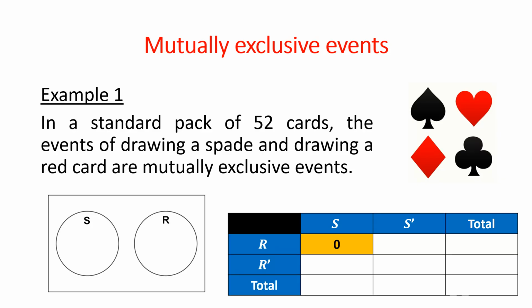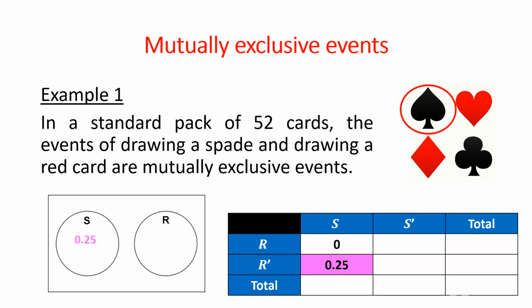Now we could start off by saying that when we draw a card, we can't get a red card and a spade at the same time. It doesn't happen, because if it's a red card, it can't be a spade. If it's a spade, it can't be a red card. So that's why there's no intersection between red card and spade. That is why these two events are mutually exclusive.